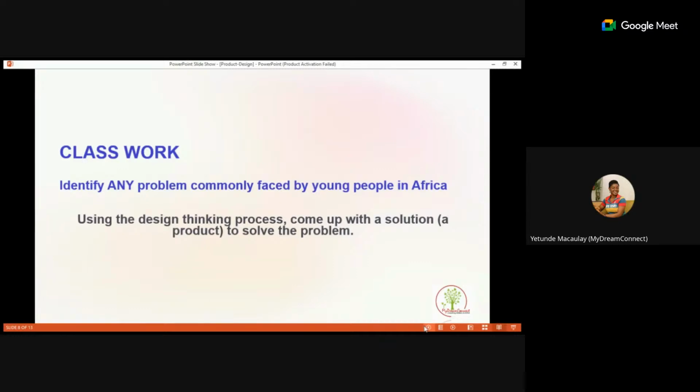So we can say we're creating a product to manage that process such that the solution that government is trying to create is effectively achieved.